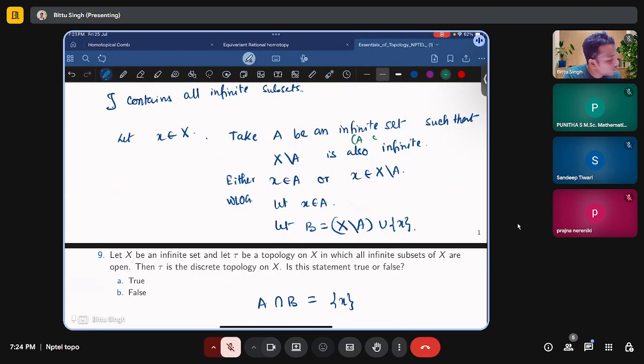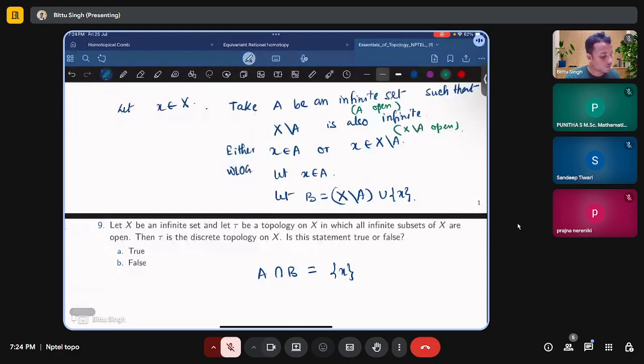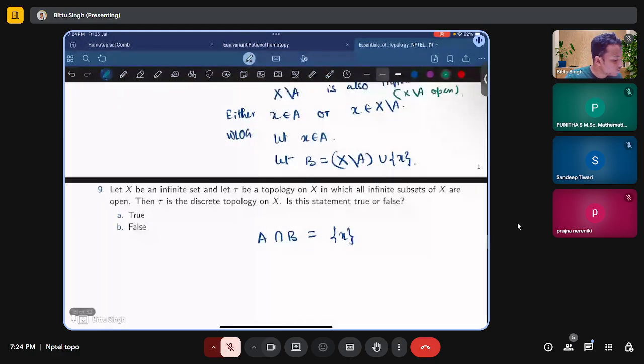That means a is open, and x minus a is open. Now the intersection of two open sets is open, right? By the definition of a topological space, therefore the intersection is open.